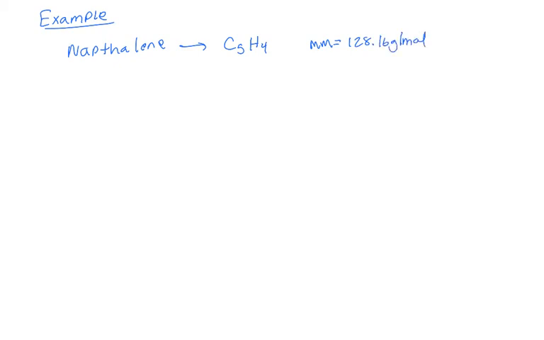Okay, so what is its molecular formula? Okay, so we know the empirical formula, and it has to be multiplied by a factor n to figure out what our molecular formula is. So how do we figure out what n is?